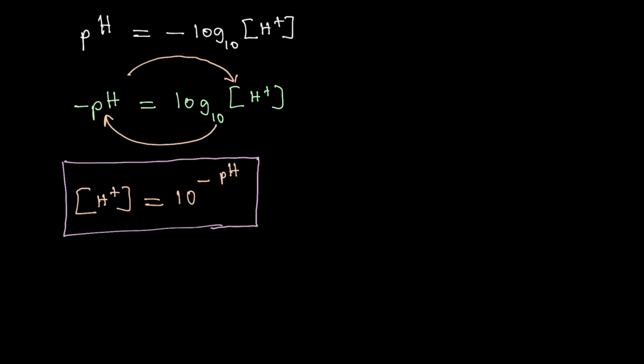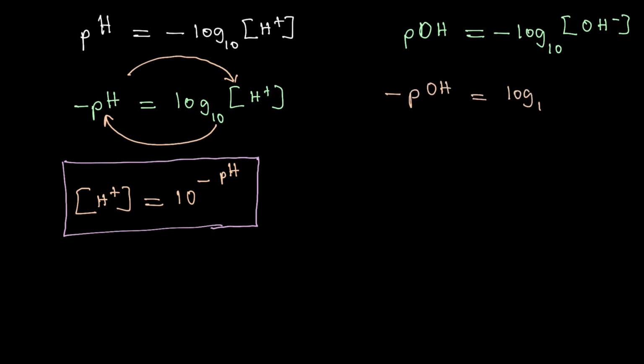We can do the same for finding the concentration of OH minus if we know the pOH. For pOH equals minus log base 10 concentration of OH minus, to find the concentration of OH minus, we multiply both sides by minus 1, and we get minus pOH equals log base 10 concentration of OH minus.